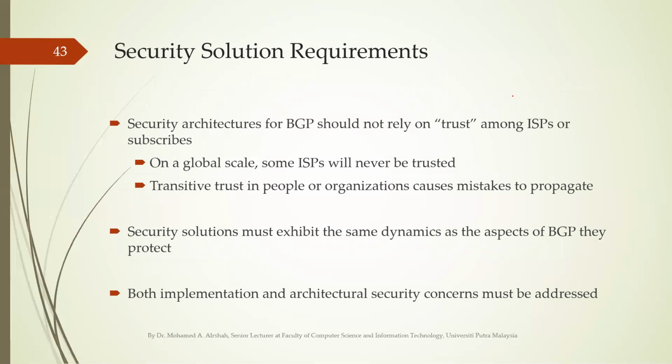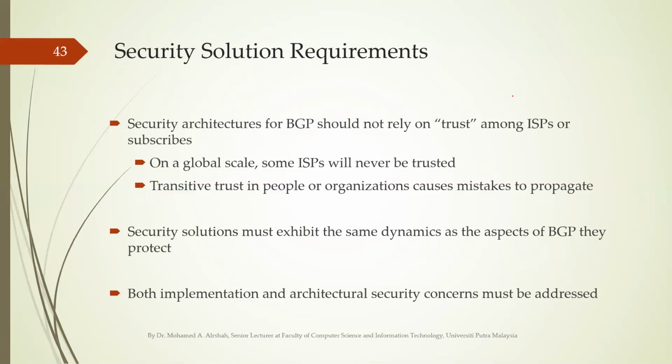Okay, security solution requirements. To solve the previous issues, the security architecture for BGP should not rely on trust among ISPs or subscribers. So BGP shouldn't rely on the trust among internet service providers. On a global scale, some ISPs will never be trusted.